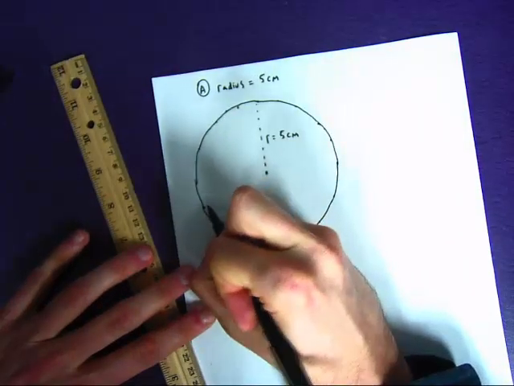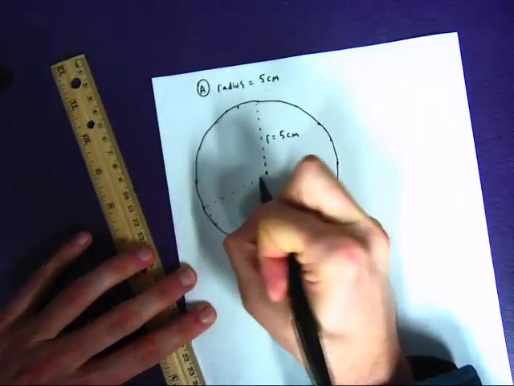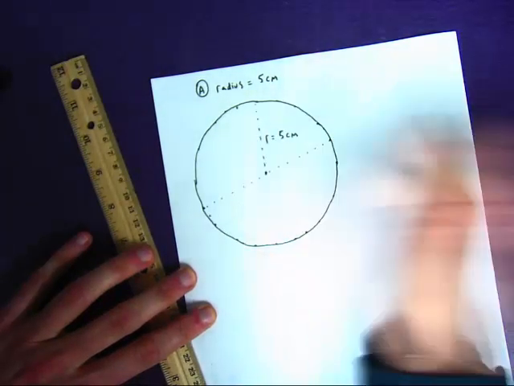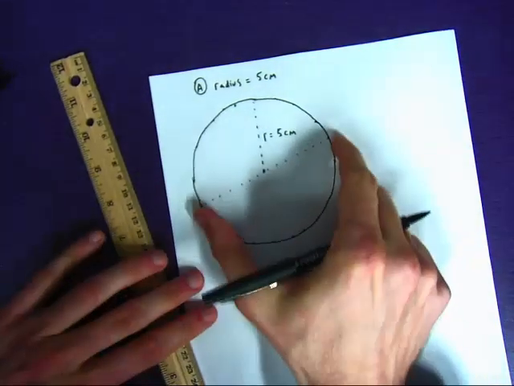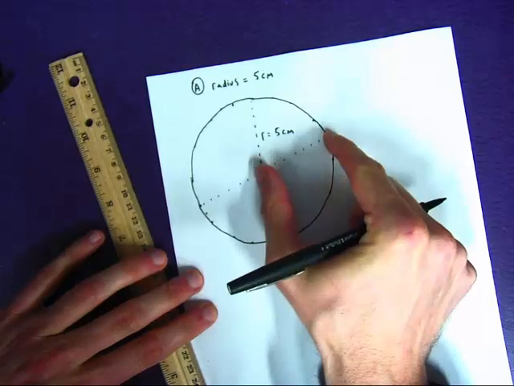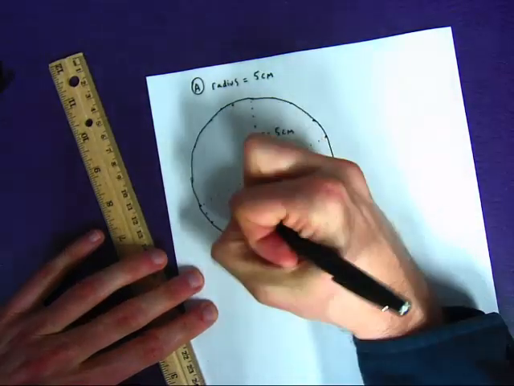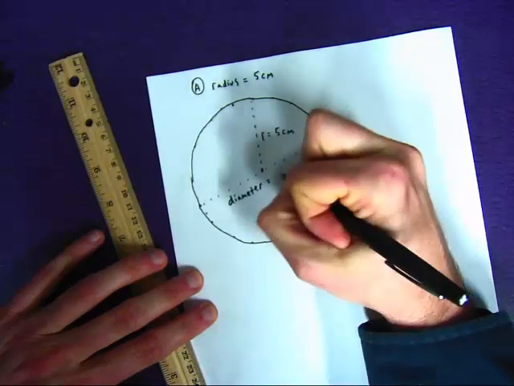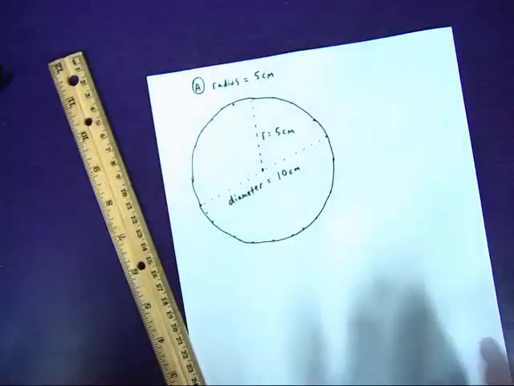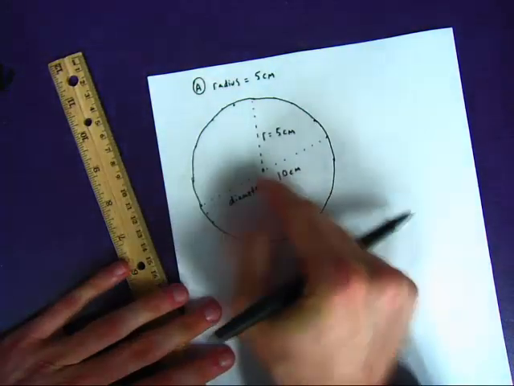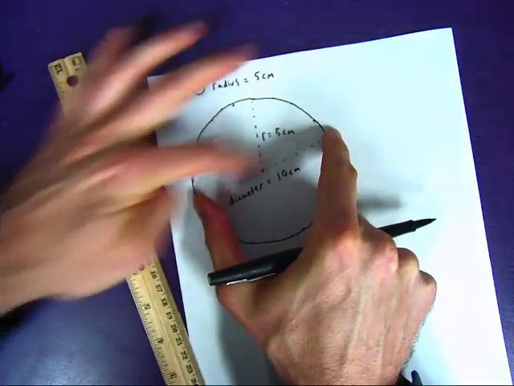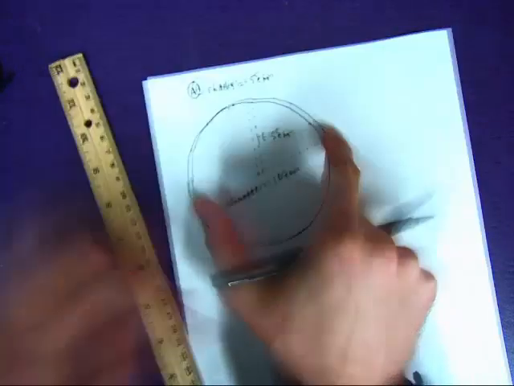If I go from this point across to the middle and go across here, that's 5, that's 5. We call that number the diameter. A diameter is really just 2 radiuses. From the center to the edge is a radius. From edge to edge, going through the center, is the diameter.